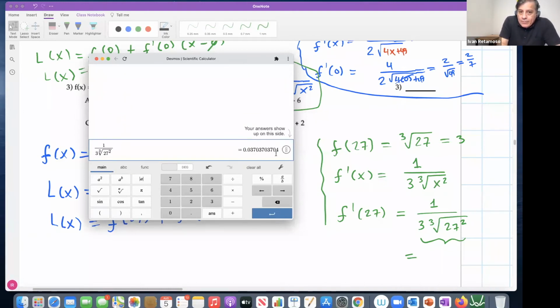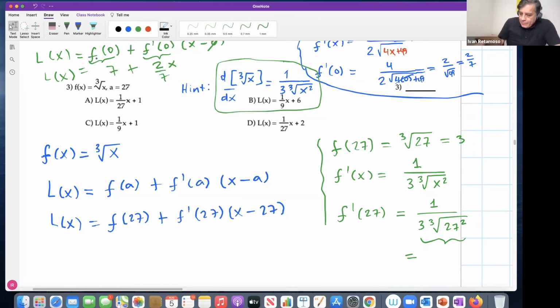Desmos calculator gives you by default the decimal version, but clicking here, you get the fractional version. So 1 over 27. So this is what goes there.